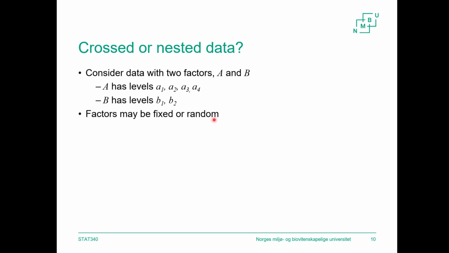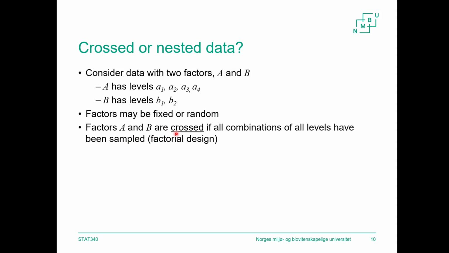Factors may be fixed or random. That doesn't matter really, even if nested factors usually involve random variables. This applies to both fixed or random. Both fixed and random could be crossed or nested.